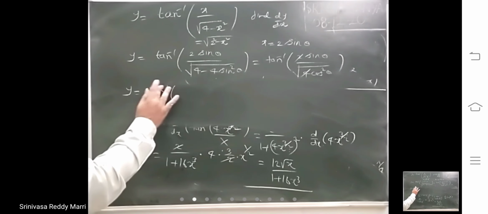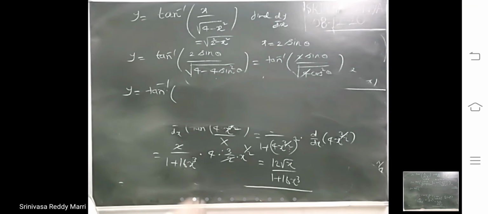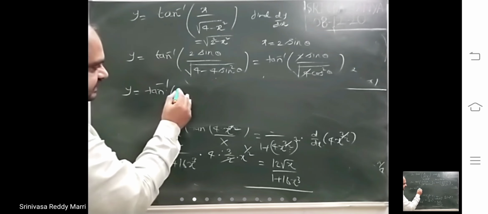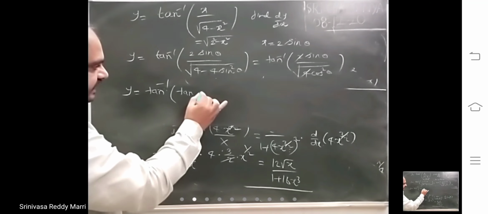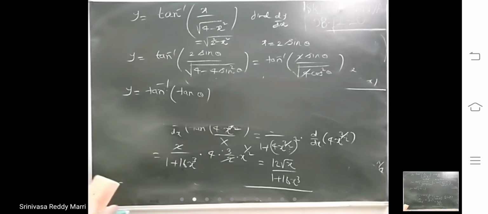Tan inverse sin theta by cos theta. You write root plus; if nothing is given, take principal values, positive values. Sin theta by cos theta is tan theta. So now this is converted into tan inverse tan form.